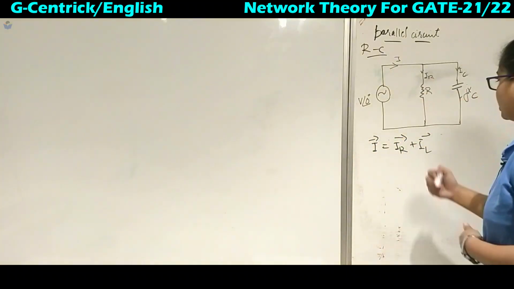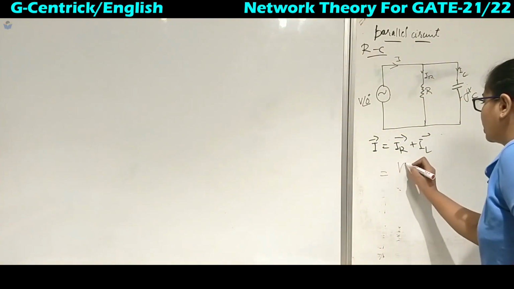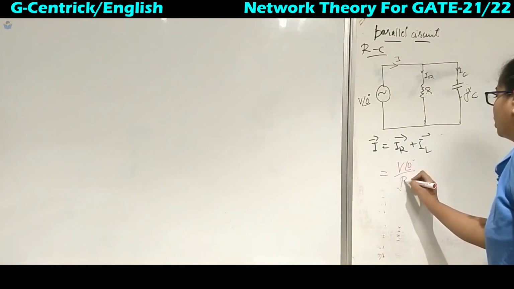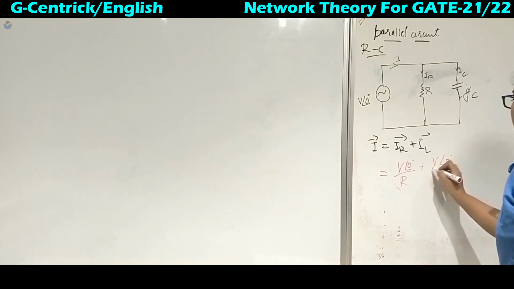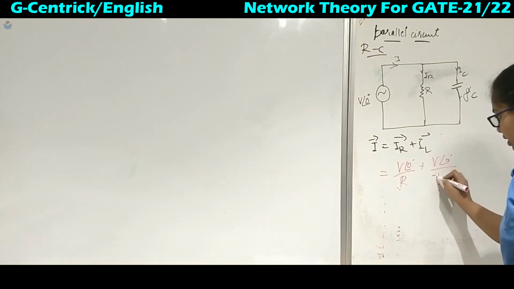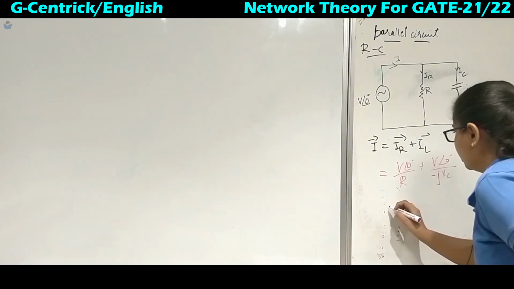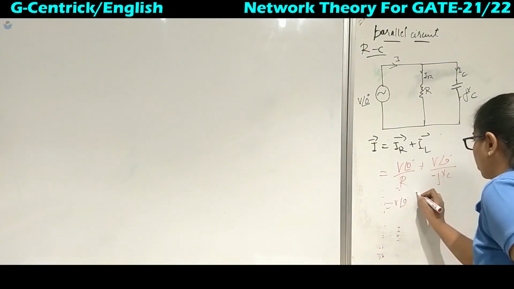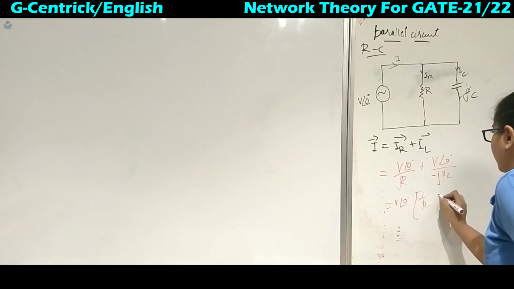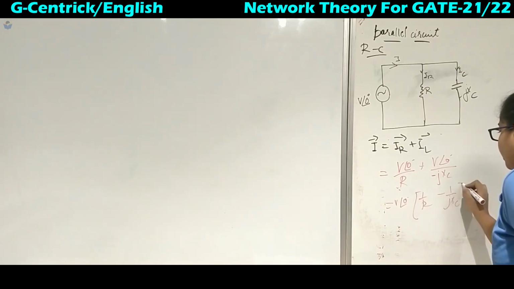So now this IR I can write it as V angle 0 degree upon R, and V angle 0 degree upon minus JXC.